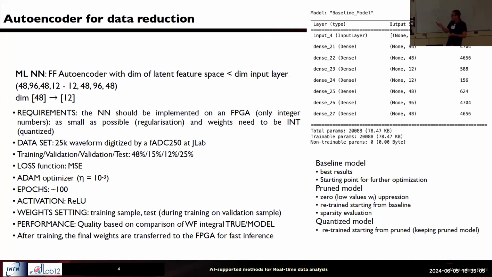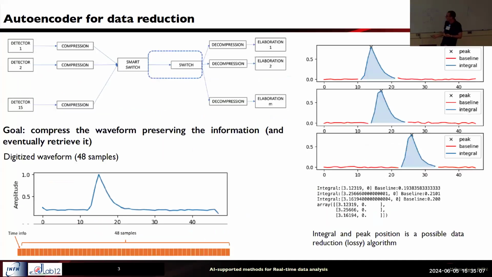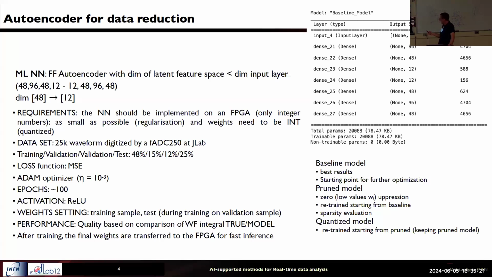In this case, the signal is a little bit more complicated, and to parameterize it efficiently with the network, you need at least 12 numbers, 12 parameters, if you like, that will be saved at the end of the training, of the test sample.